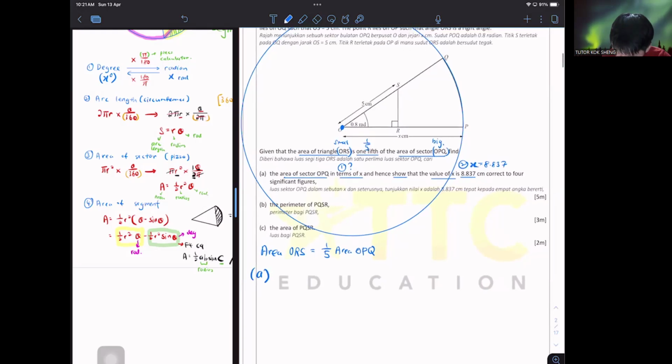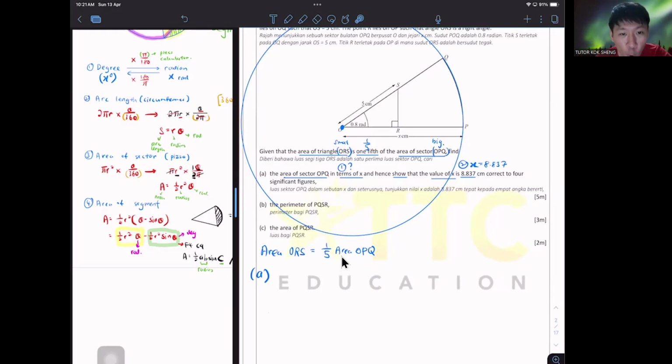Okay, OPQ area first. We have one piece of info that relates to OPQ just now. Yes, this one, 1 over 5. So we're going to use this info to find the answer.